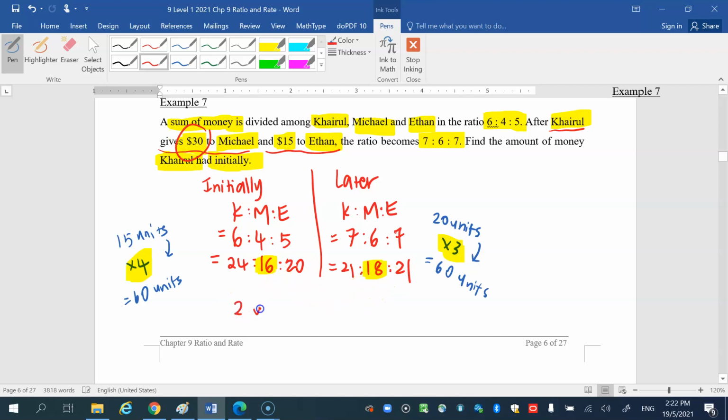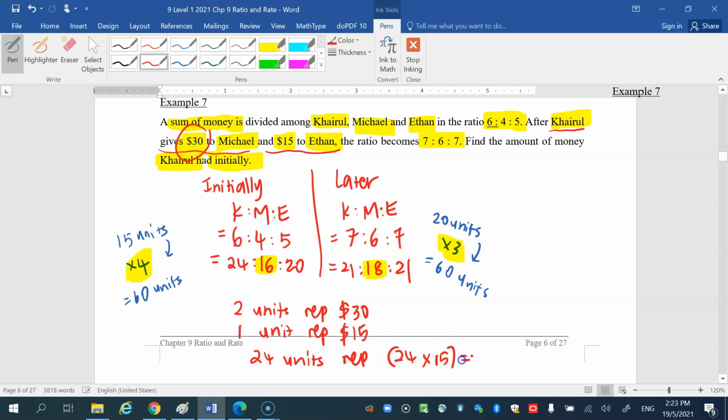So 2 units represents $30, and therefore 1 unit represents $15. The question says how much money did Khairul have initially? Basically, that's 24 units. So you just do your simple math. 24 times 15.